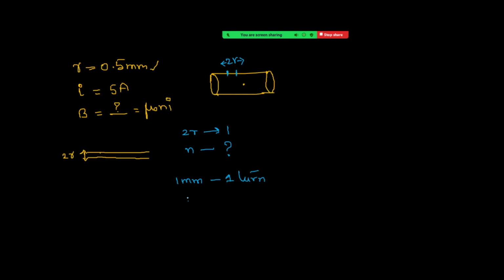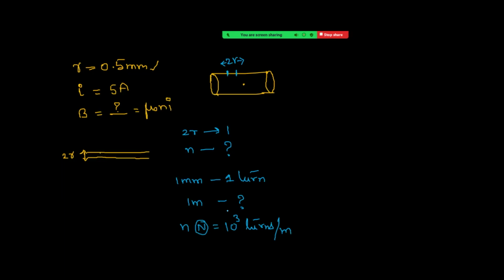In such a case, in 1 meter length, the number of turns will be 1,000 turns. Or you can take small n, which is the number of turns per unit length. So 1,000 turns per meter.